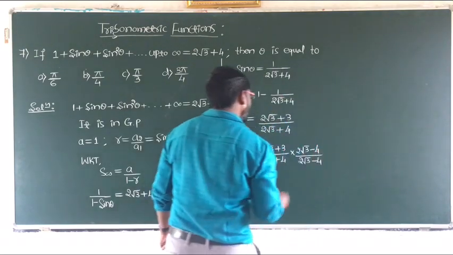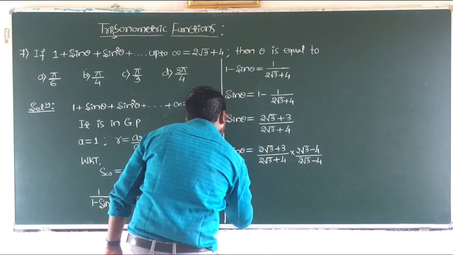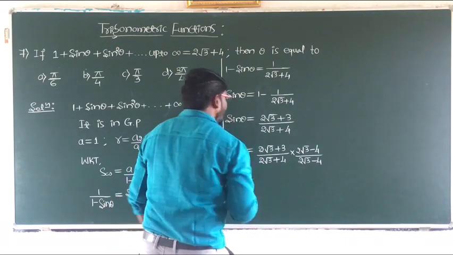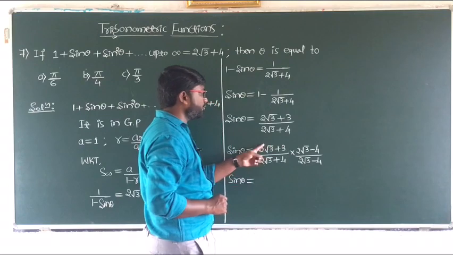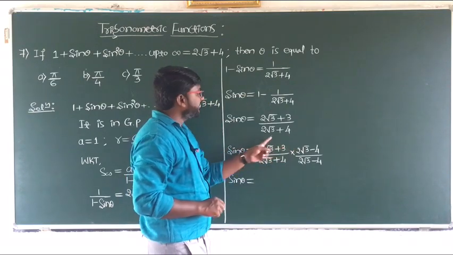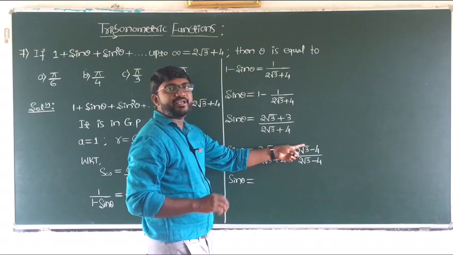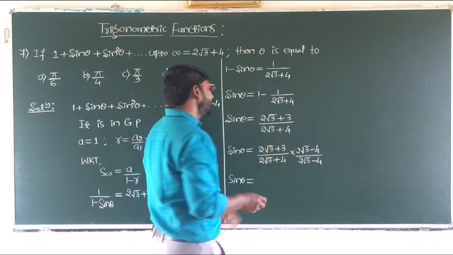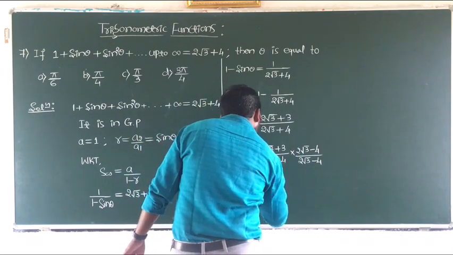So now sin theta is equal to, multiply these two terms now, 2 root 3 into 2 root 3, 2 into 2 is 4, then root 3 into root 3 will be root 9, that is 3, 4 into 3 will be 12.